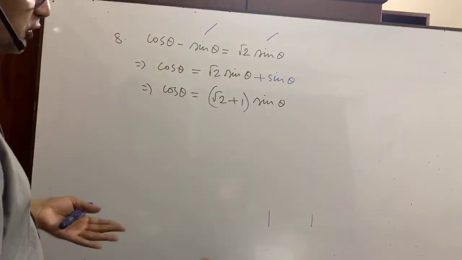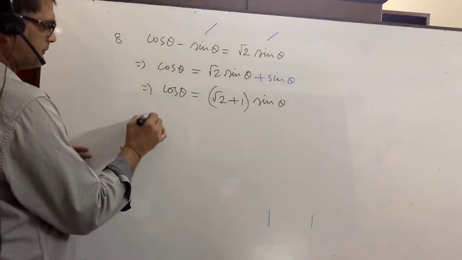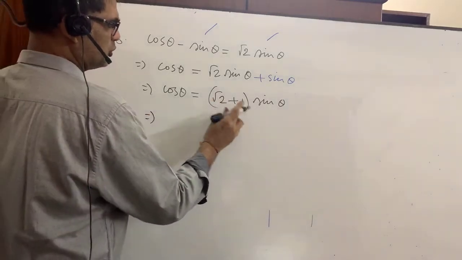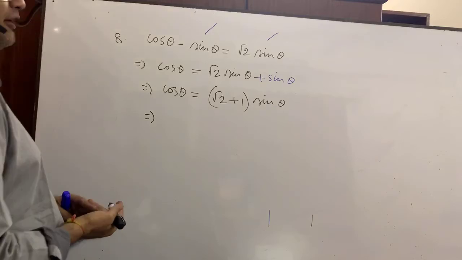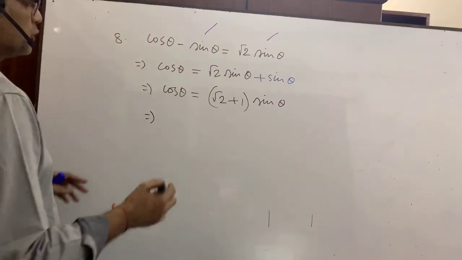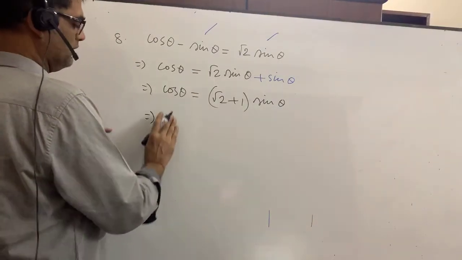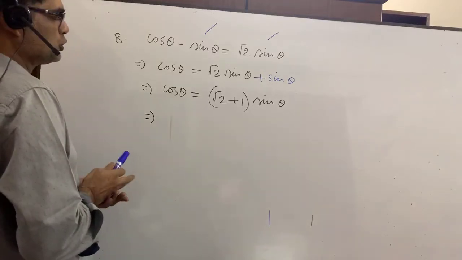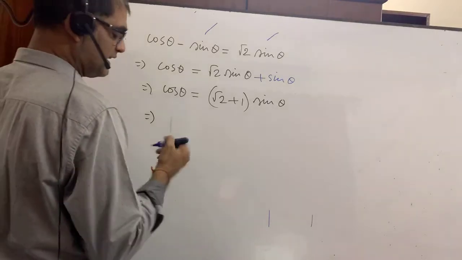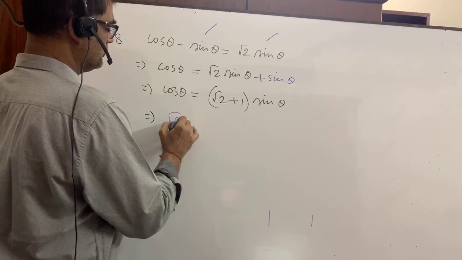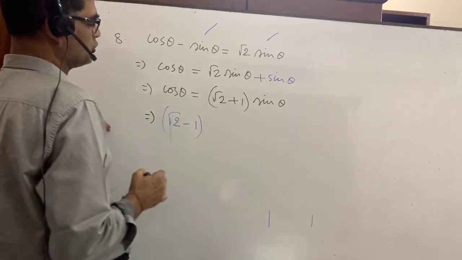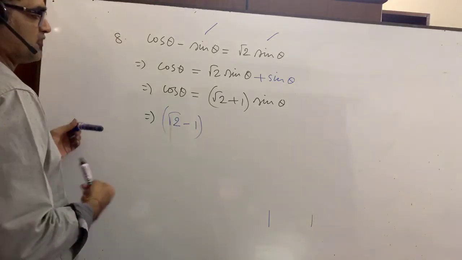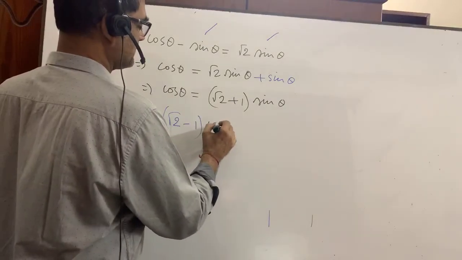Now it is root 2 plus 1, so I will multiply both the sides by root 2 minus 1. In this way, you see what I am going to do. I will take its conjugate, that is root 2 minus 1, to multiply both the sides.